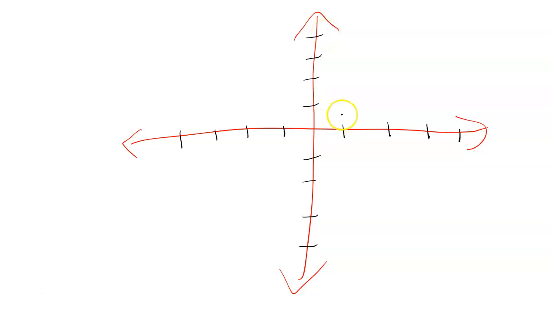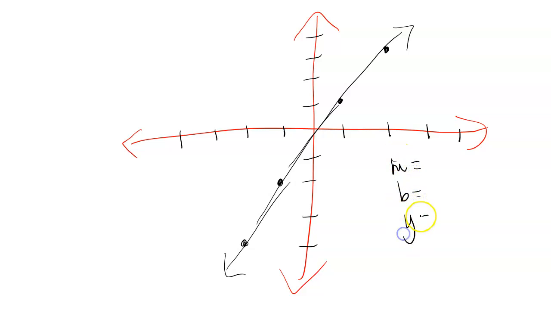Okay, so alright, so this is not going to be perfect because I'm hand drawing it. But if I was writing the equation of this, then I would find slope and y-intercept and write my equation.